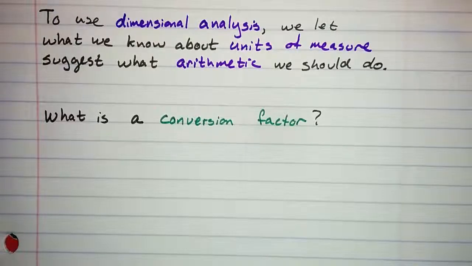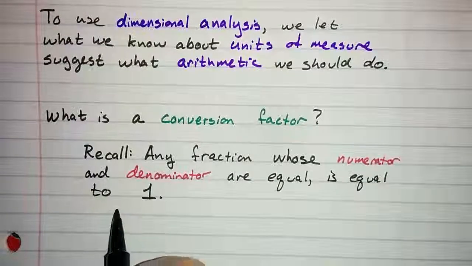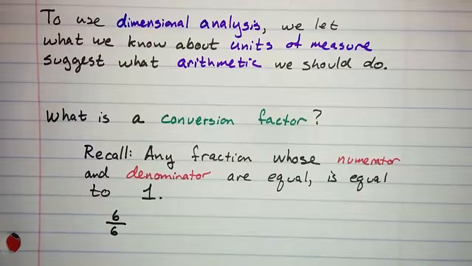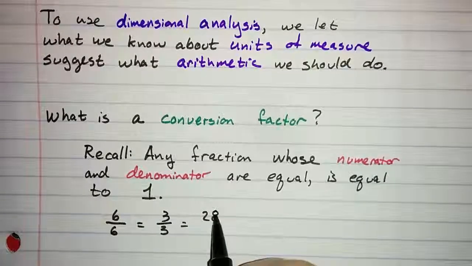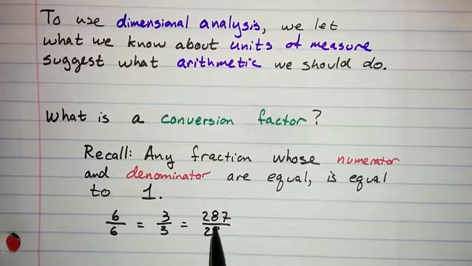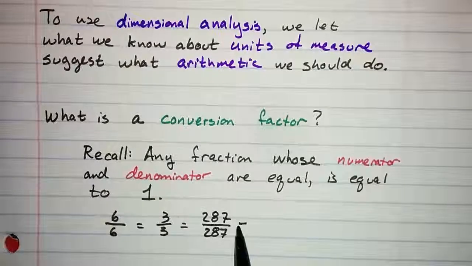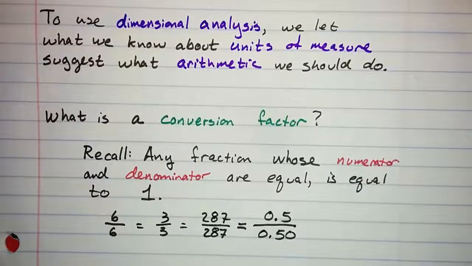Well, as we know, any fraction that has the same numerator and denominator is equal to 1. So for example, 6 over 6, 3 over 3, 287 over 287, or even if they look different from each other, for example, 0.5 over 0.50.